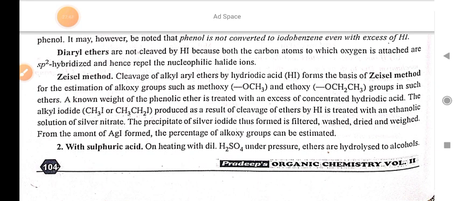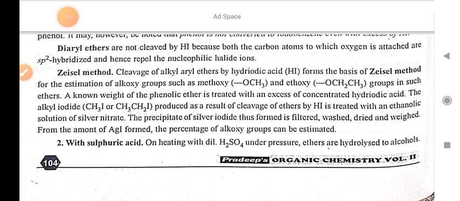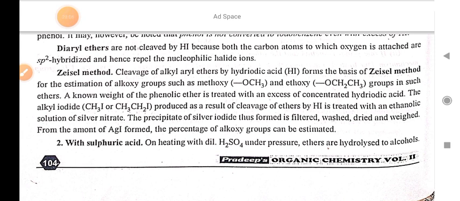The alkyl iodide produced as a result of cleavage of ether by HI is treated with an ethanolic solution of silver nitrate. The precipitate of silver iodide thus formed is washed, dried and weighed. From the amount of silver iodide formed, the percentage of alkoxy group can be estimated.